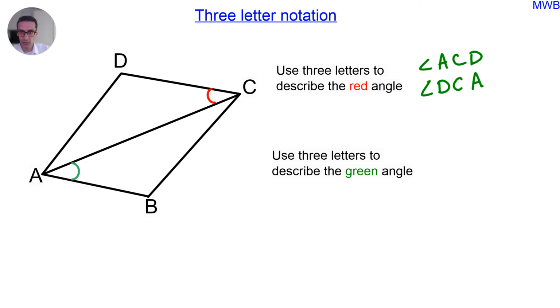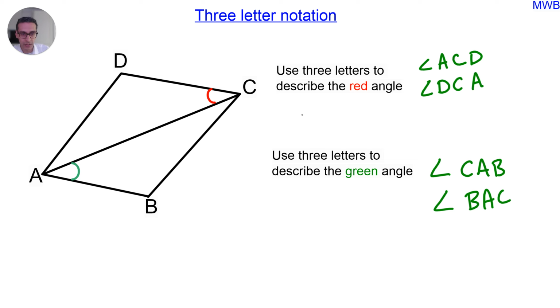Okay, so the green angle here, that vertex is at A, so the 2 arms are shown now with the dashed pink line. So the answer in this case would be angle CAB, hopefully you got that, or angle BAC. Those are your 2 potential answers.